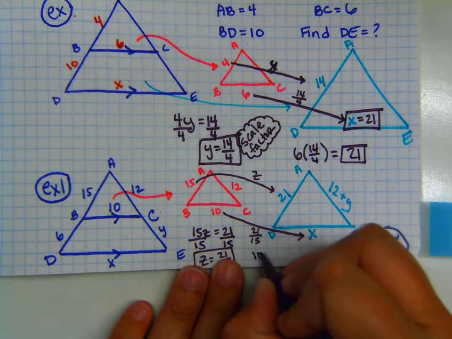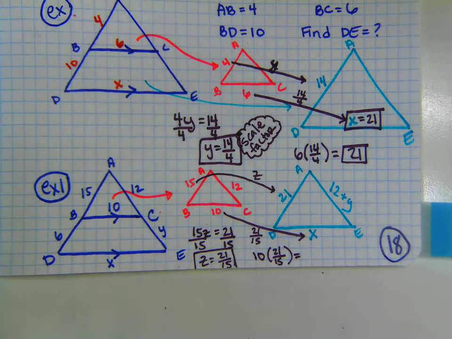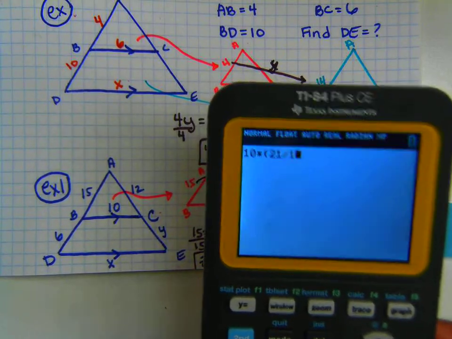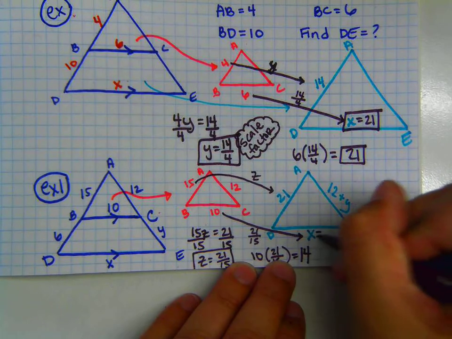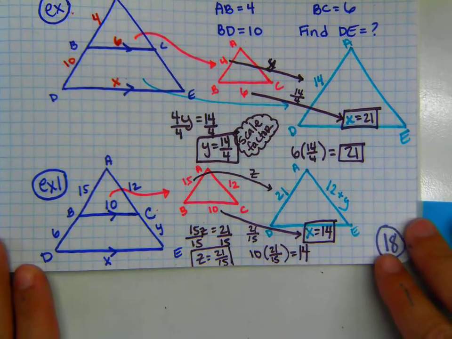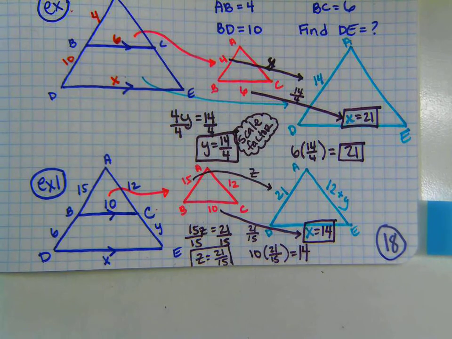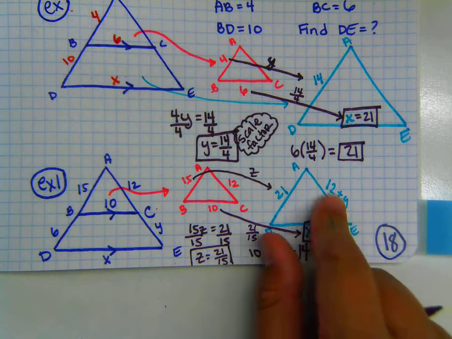I'm going to use that to find my x, 21 over 15. So 10 times 21 over 15 equals, again, put that right in my calculator, 14. So this is 14. And then that last one. Well, if I multiply by 21 over 15 to 12, that's not going to give me that value.